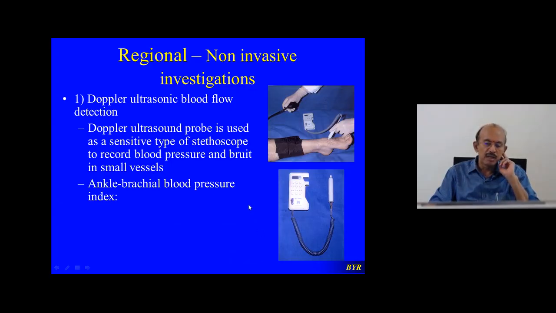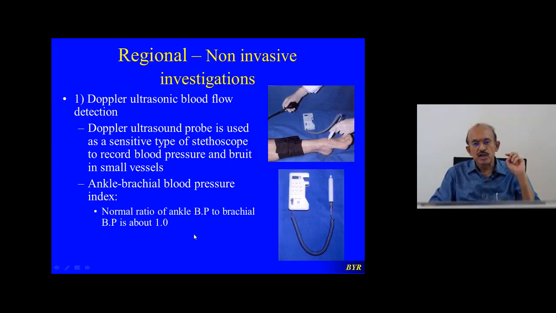Ankle brachial blood pressure index. That means first you record blood pressure at the arm, then you record the blood pressure at the ankle level. The ratio between the ankle blood pressure to brachial blood pressure is normally about 1.0. That is, they are equal.